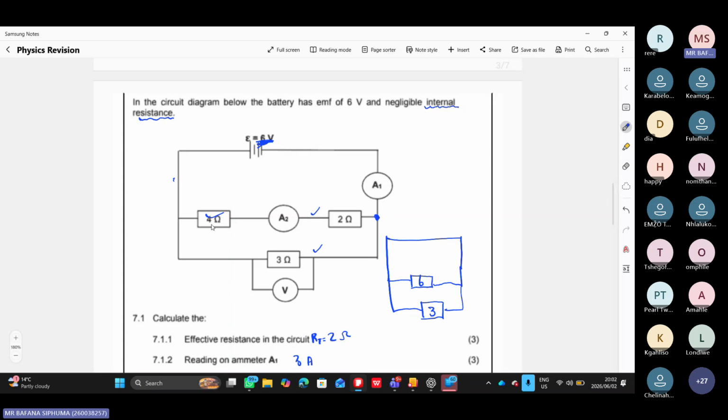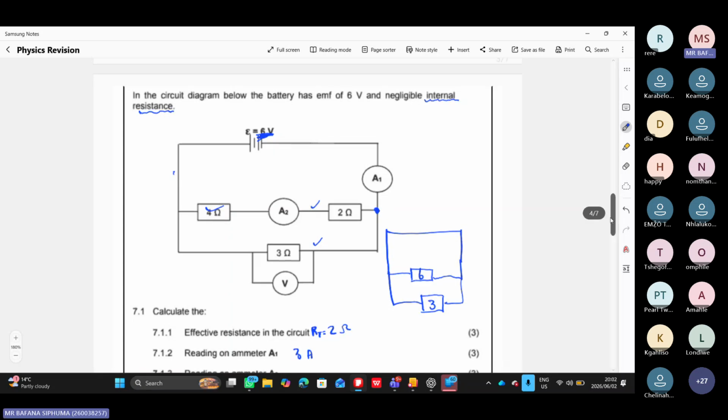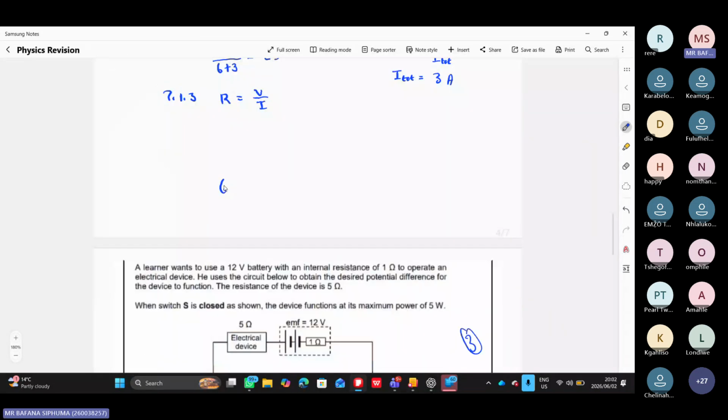It was 6. My resistance was 6. What was my voltage? My voltage was also 6. I was looking for the current. And then it's simply going to be 6I is equal to 6, of which I is equal to 1 ampere.